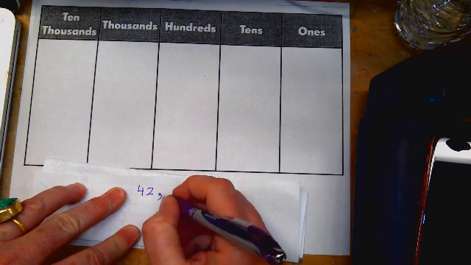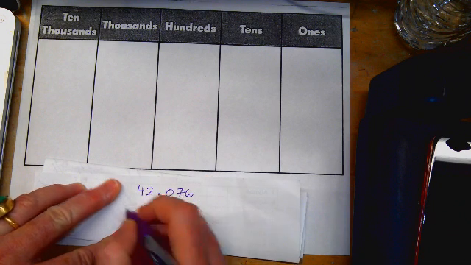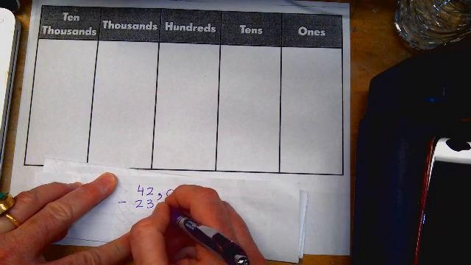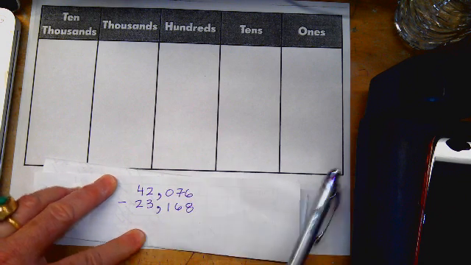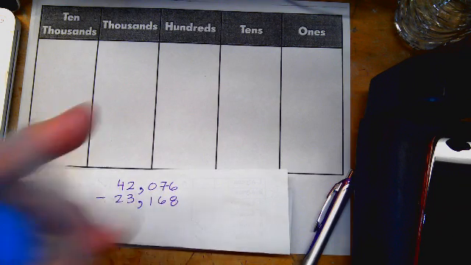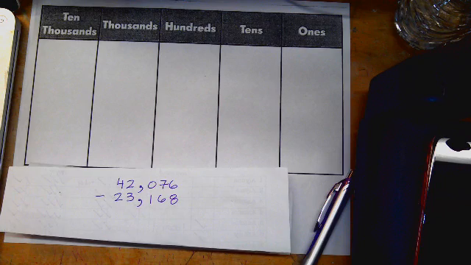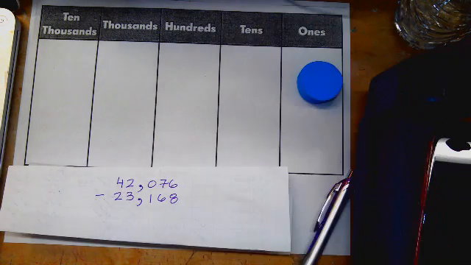And so if we're looking at number 15, we have 42,076, and we're going to be subtracting 23,168. So let me just quickly set out 42,076. I need 6 ones. 1, 2, 3, 4, 5, 6.